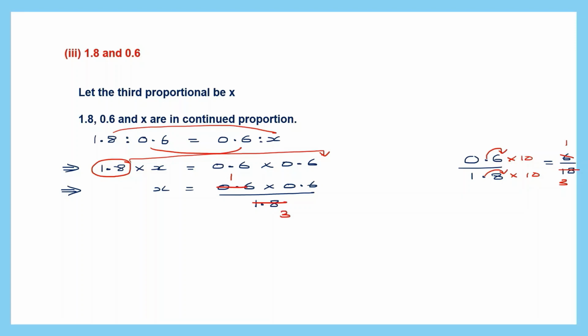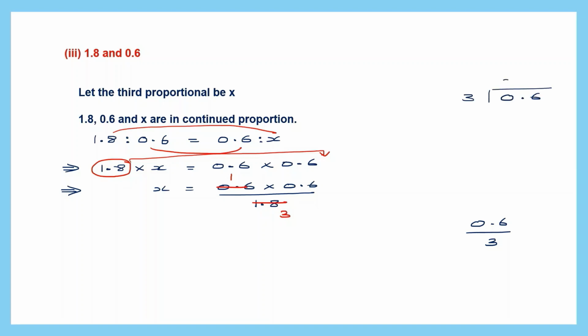Now we can cancel these two also, 0.6 and 3 also. Now how do we do that? Let's do it the same way as we did here. So 0.6 by, here it is 3. Now you know how to divide a decimal number by a whole number, isn't it? So let's do that division here. So 0.6 divided by 3.